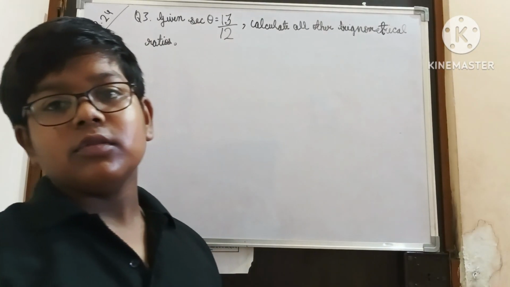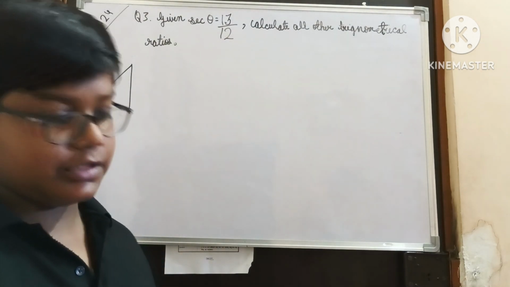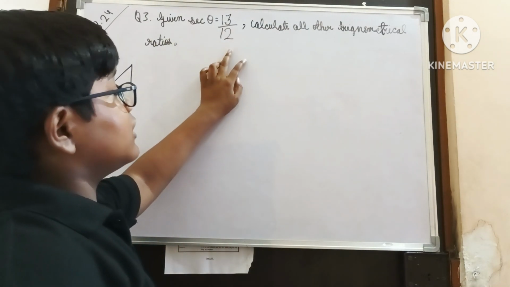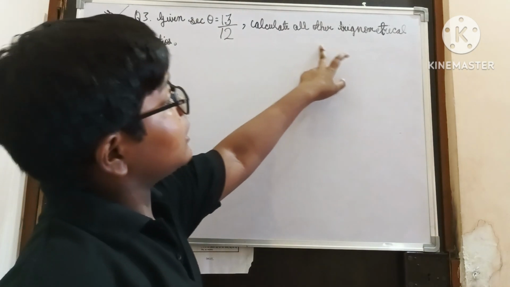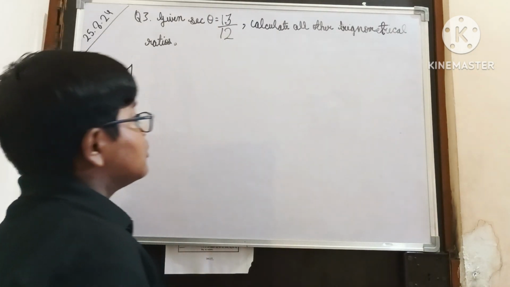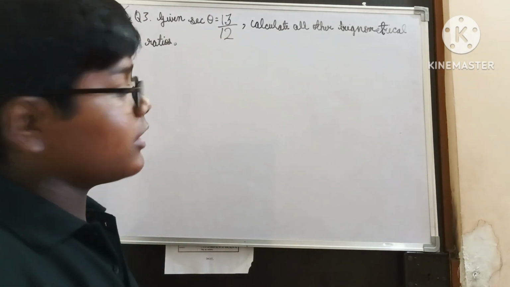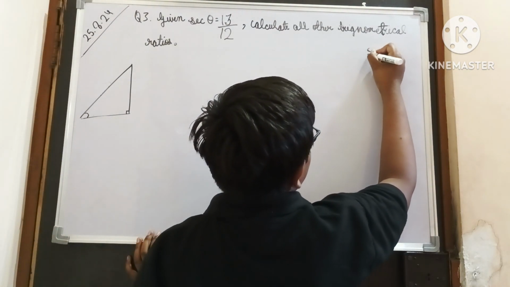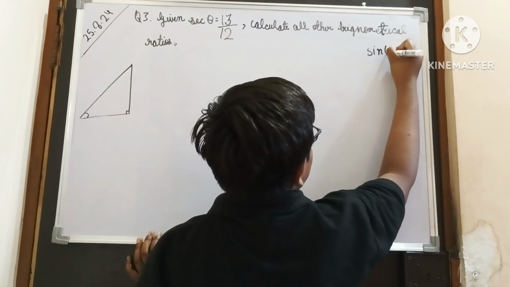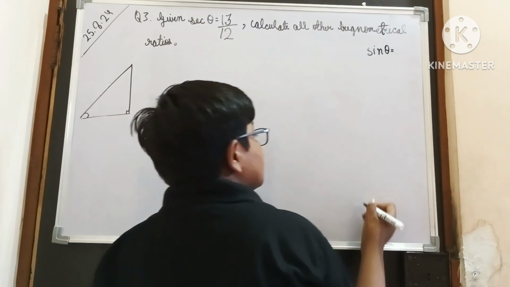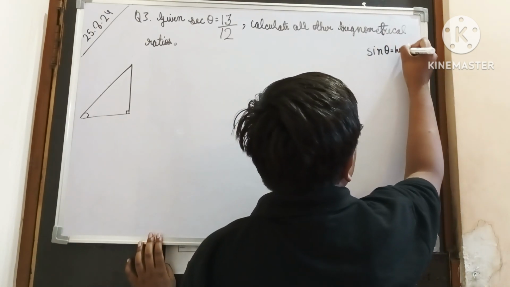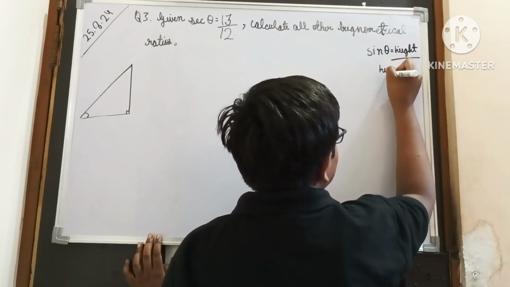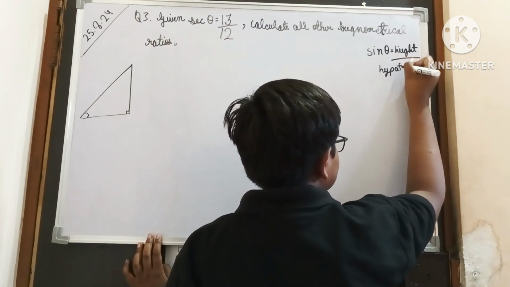Right. So we are moving towards our next question, which states that given sec theta is equal to 13 by 12, calculate all other trigonometrical ratios. So our all other trigonometrical ratios are, first is sin theta, which is equal to perpendicular divided by hypotenuse.